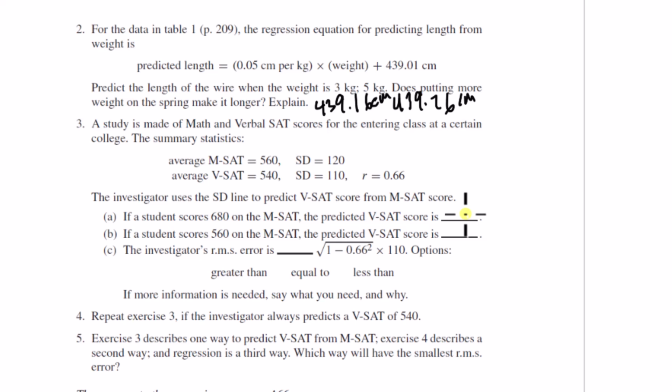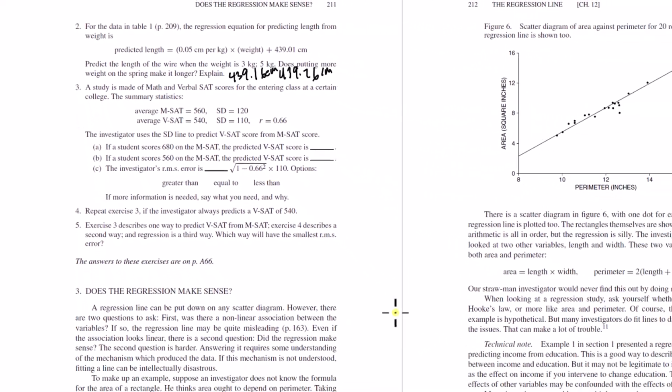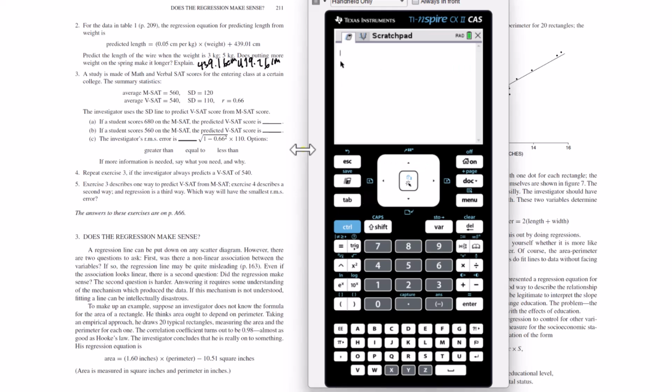Using the SD line, you're pretty much ignoring the correlation coefficient. So if a student scored 680 on the MSAT, and we're trying to predict the VSAT, how many standard deviations is this away from the average MSAT? 560 divided by 120, that's one standard deviation above average.